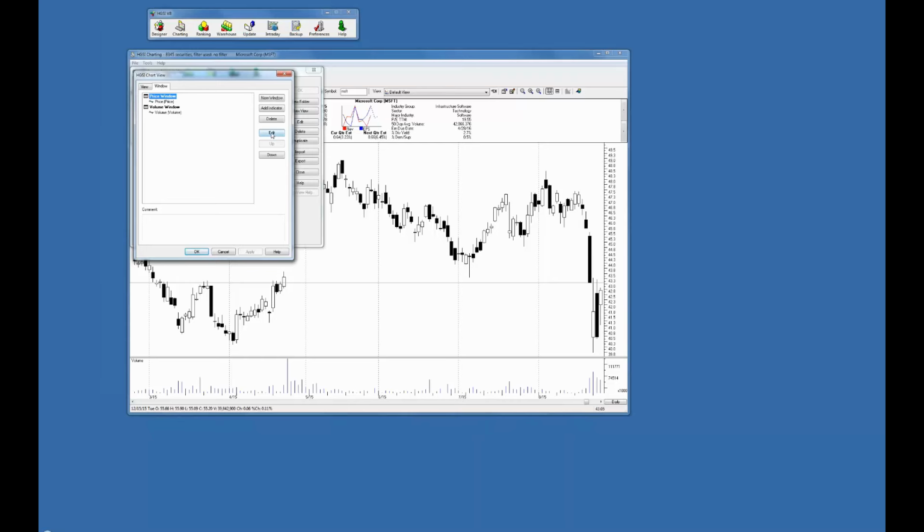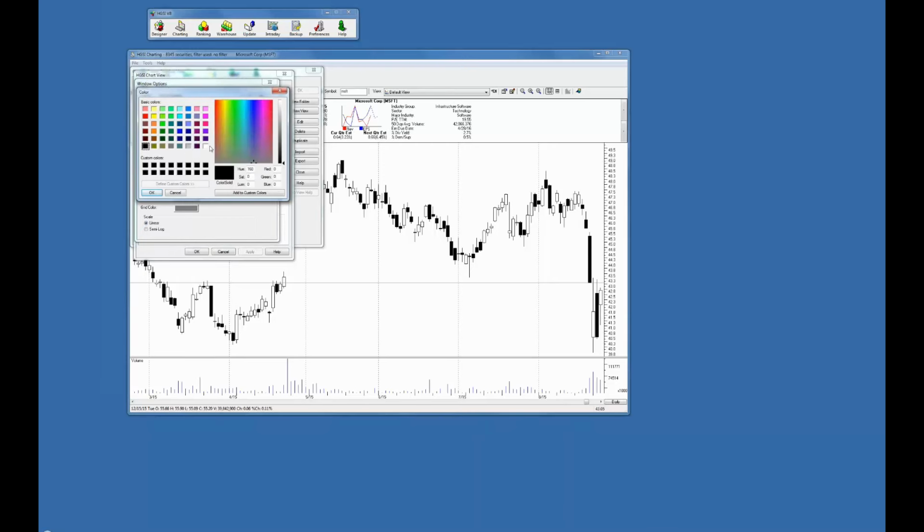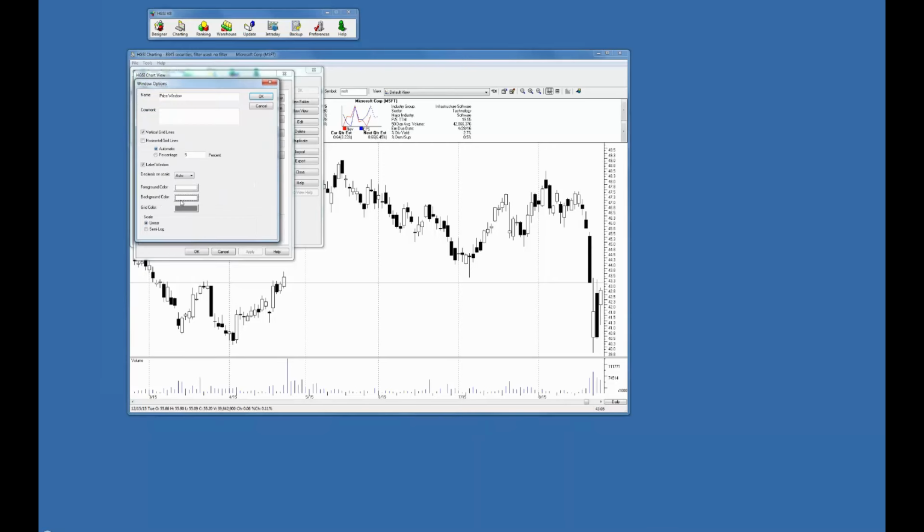The first thing I'm going to do is change the colors so that they're reversed. One of the things I really recommend users do when using the VPA is turn off the label window checkbox, because the VPA indicator sticks text on the screen as you select different days.